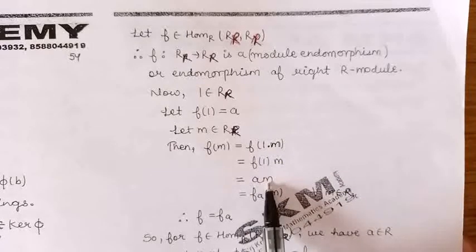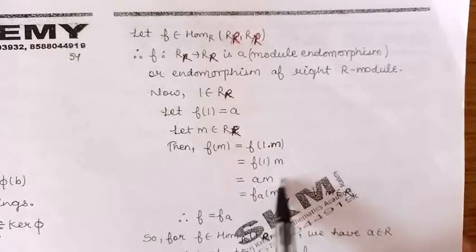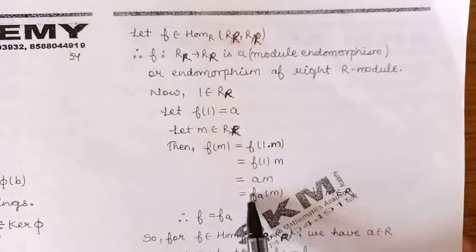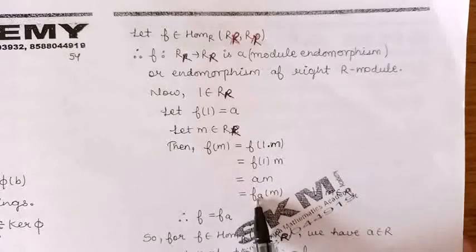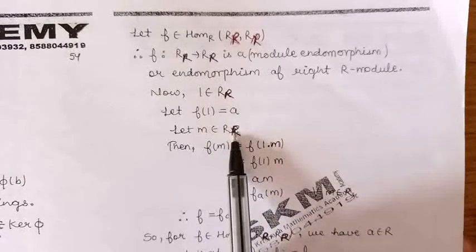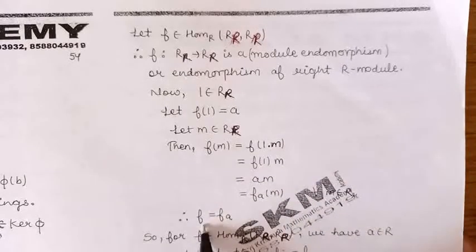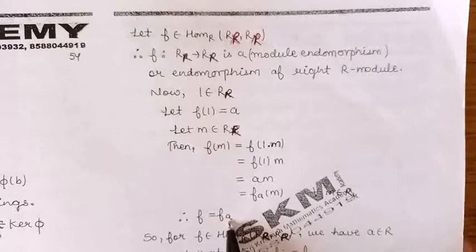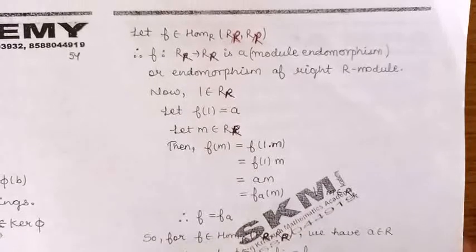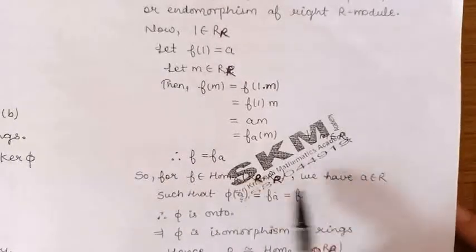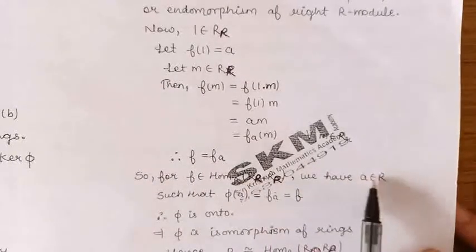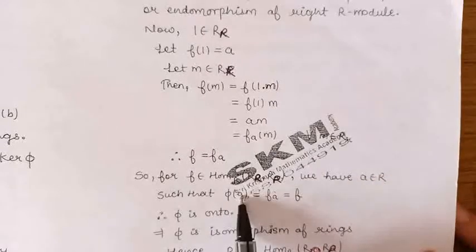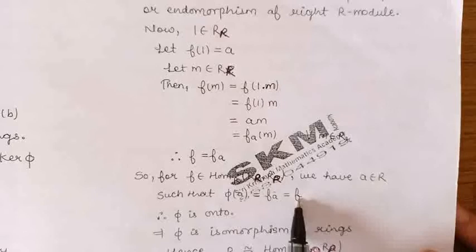Now by definition of mapping f_a, this is the image of element m under the mapping f_a. And this is true for every m belonging to ring R. So we can say that f is equal to the mapping f_a. Thus, for f belonging to the ring of endomorphisms of R, we have obtained a belonging to ring R such that the image of a under the mapping phi is f_a, that is f.